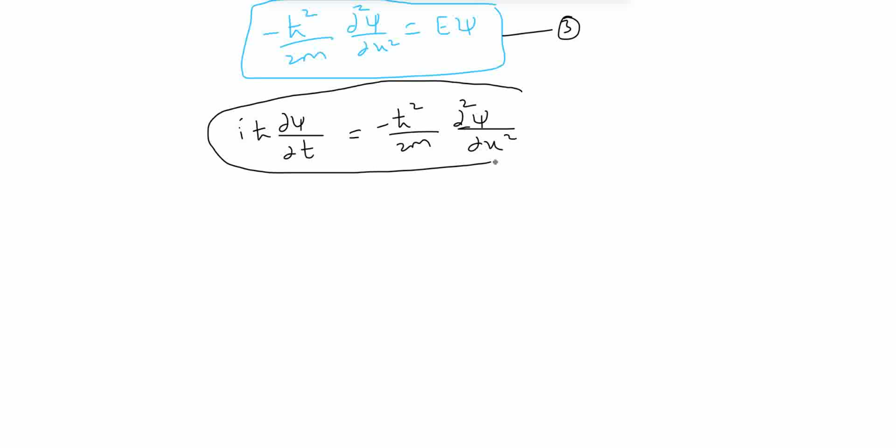Now this is the Schrodinger equation for one dimension, because the wave function is only propagating along the x-axis. One dimension time dependent Schrodinger equation for free particle.